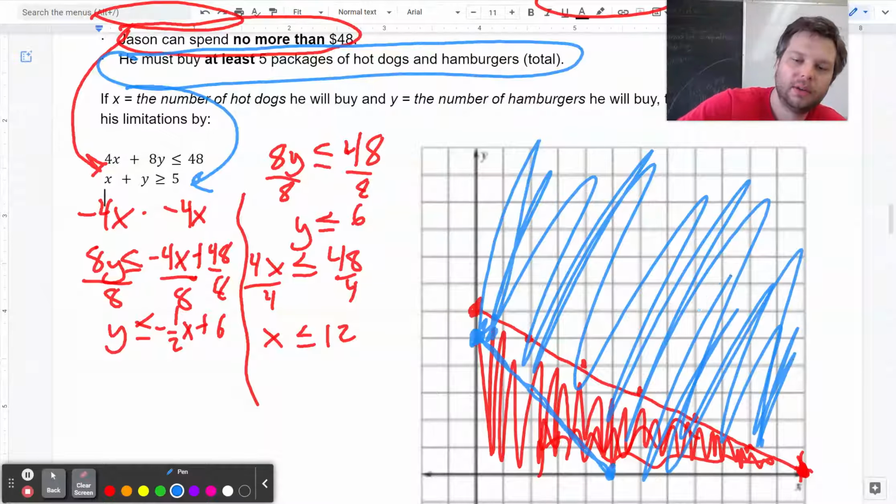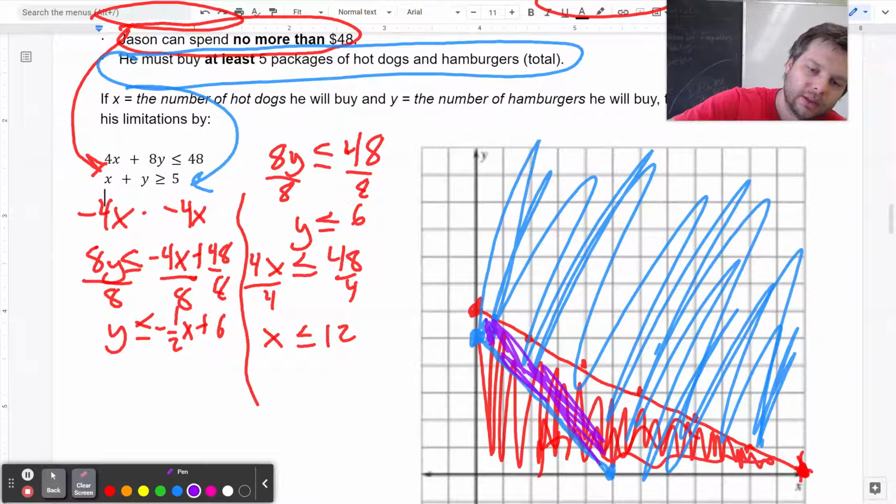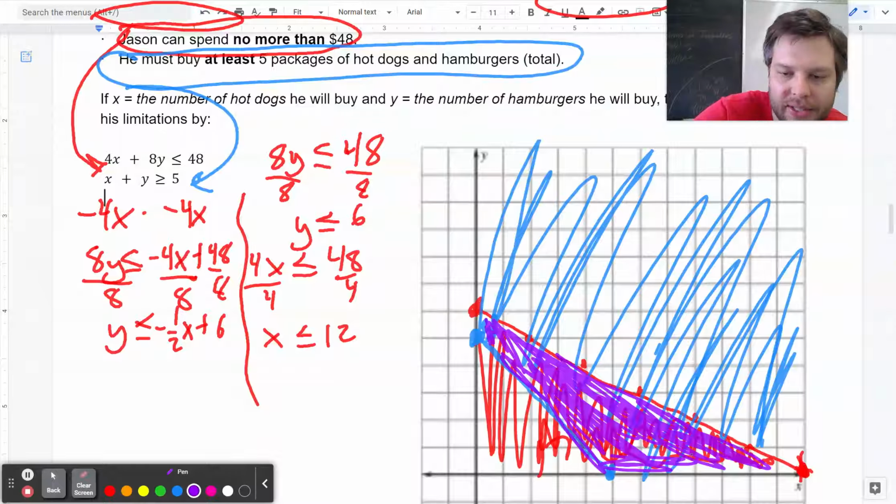The most important and relevant spot is where it is double shaded, and so I will use purple in between here to shade everything in. Any combination within there meets both of the criteria.